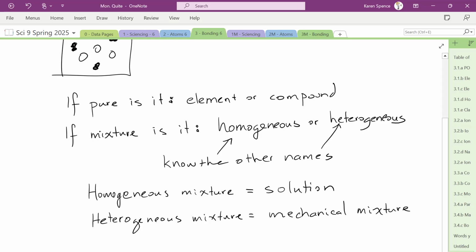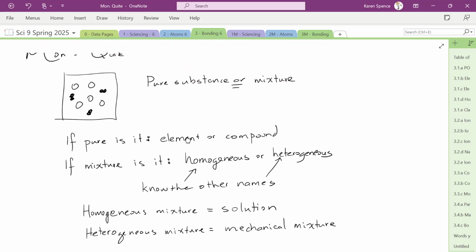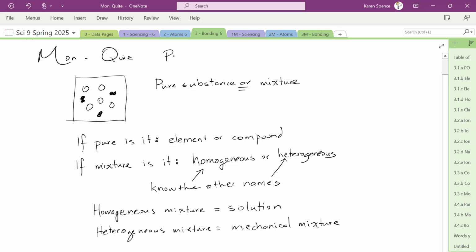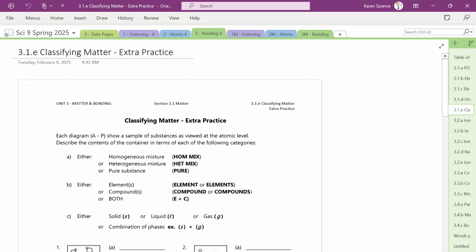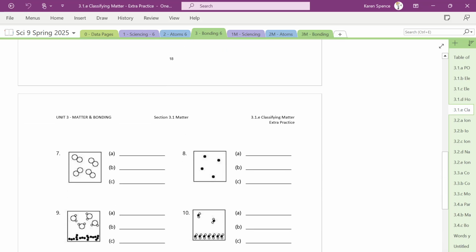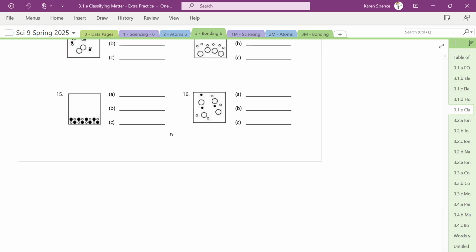And so over the weekend, in order to let you practice for that, the practice is 3.1E, which is pages, let me just grab those pages for you, 18 and 19.